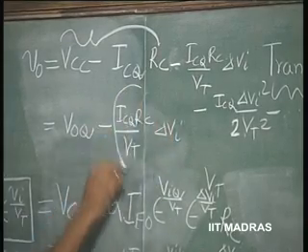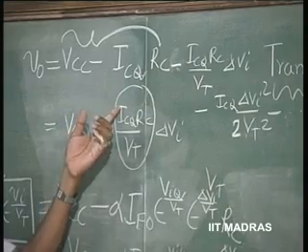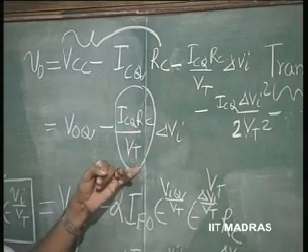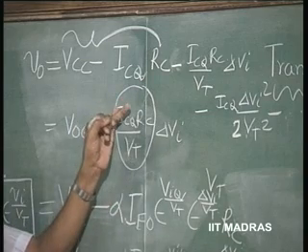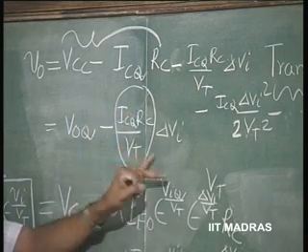This is an important parameter. ICQ RC is a voltage, VT is a voltage. So, this is a constant. This is called the amplification factor or the gain, into delta VI.